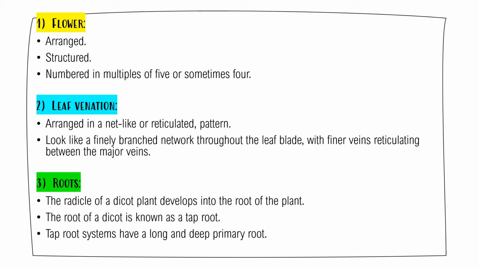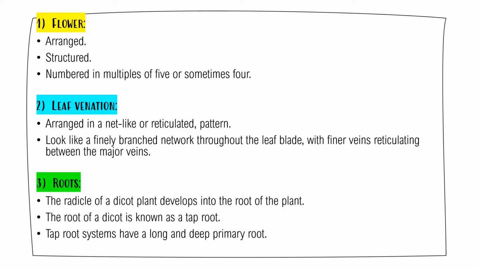The veins in such leaves appear to look like a finely branched network throughout the leaf blade, with finer veins reticulating between the major veins. However, as with the number of flower parts, leaf venation is also an unreliable characteristic upon which to base your classification assessment. Some flowers may display reticulated venation but are actually monocots, such as the Araceae and Dioscoreales families.